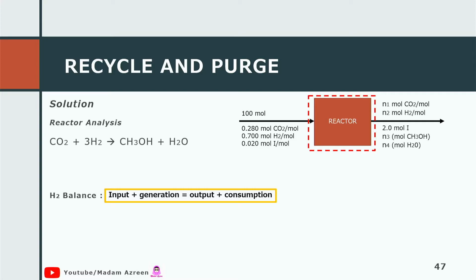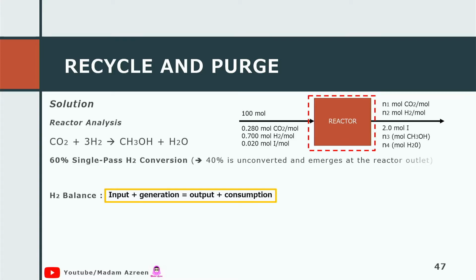So I start with the reactor first. Okay. At a reactor, we have the information given, 60% single pass conversion, meaning to say another 40% of the H2 came out from the reactor because it is unconverted or unreacted.